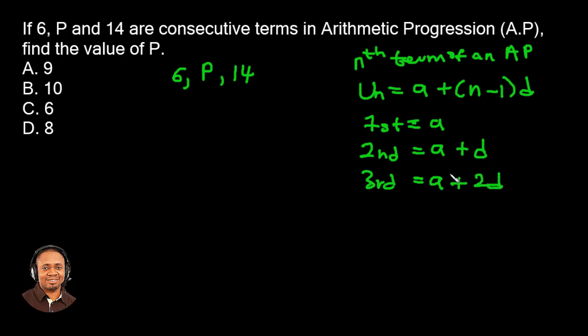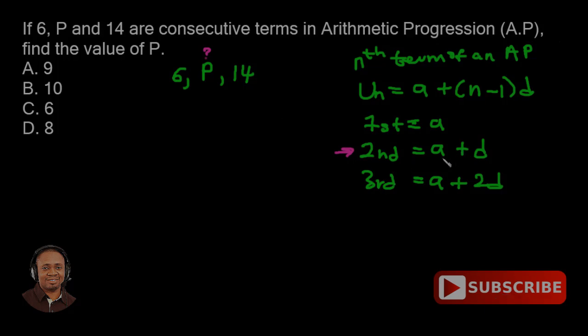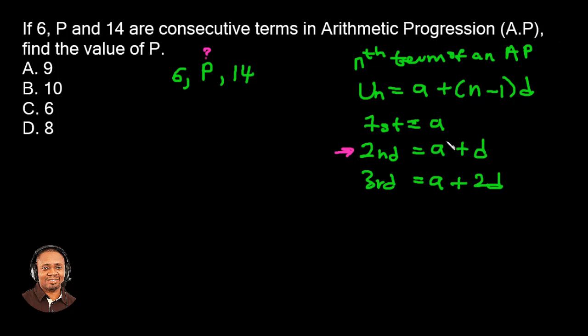Good. So now, we want to find p, and p is the second term. For a we know it is the first term, for d we don't know yet. So if we want to find d, we can use the third term to find the common difference d.